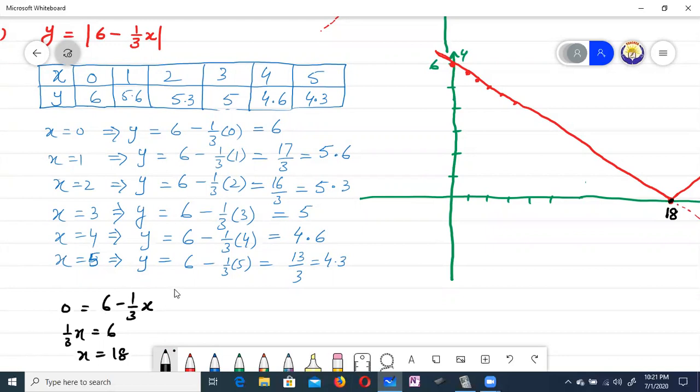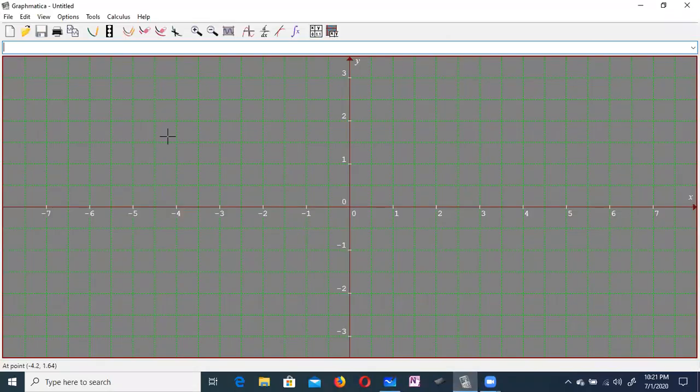This graph is not much accurate. Now this graph I will show you on the Graphmatica, then that will be clear for you. First one was y is equal to modulus of x plus 1.